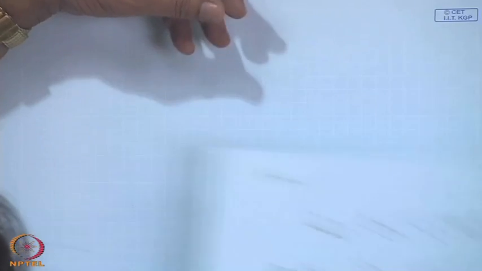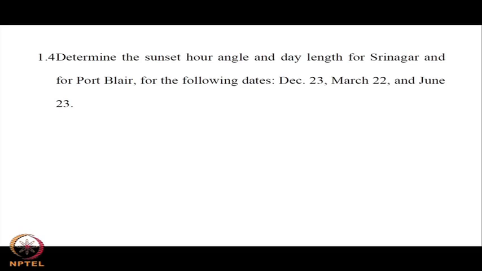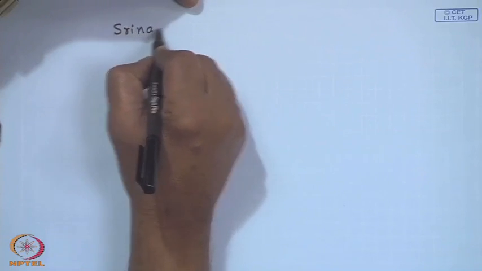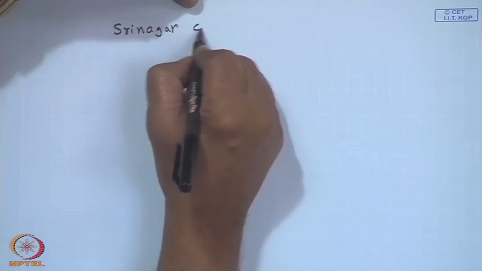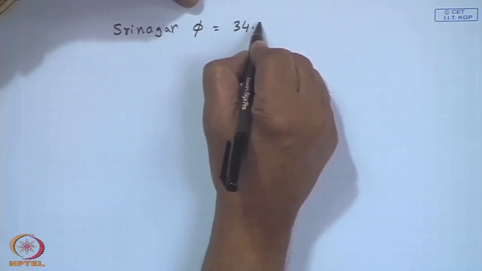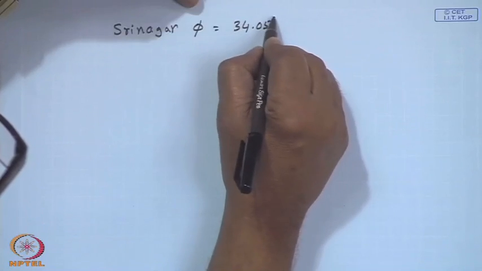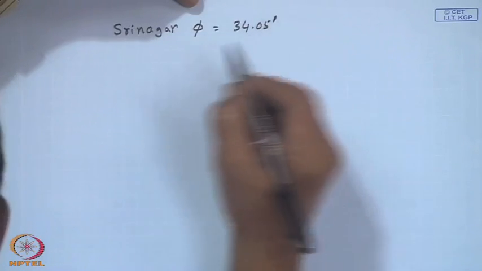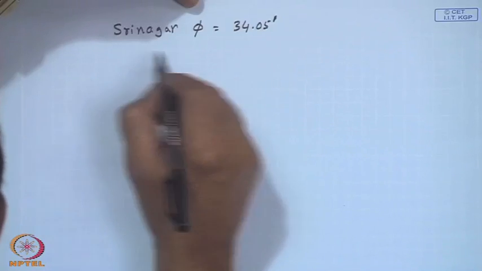And as we have taken the data from Time Genie, and you can see in the first few pages of the exercises chapter, this chapter, Srinagar has a latitude of 34.05 degrees. Sorry, this should be, I think, minutes, though it does not make much difference.